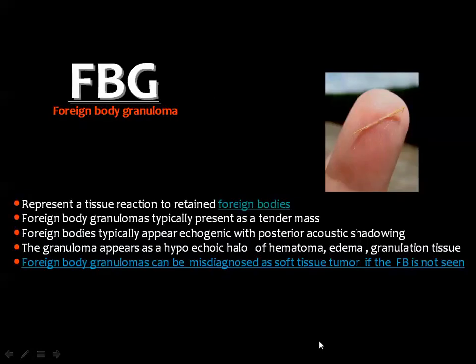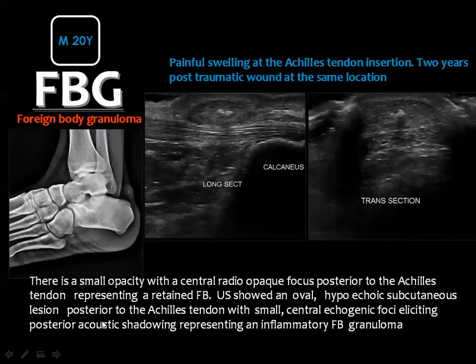Then foreign body granuloma, which is also one of the lesions that can be mistaken for soft tissue sarcomas. You can read this statement. Foreign body granuloma can be misdiagnosed as soft tissue tumor if the foreign body is not seen. And this is one of the important issues, to detect the foreign body by imaging, either by ultrasound, by CT, or by MRI.